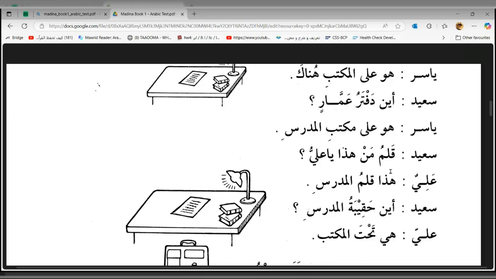So idafa is the process of saying something belongs to someone else. And of course, there are two parts to that: the owner and the owned. But the whole structure is al-idafa. So, قلم من هذا يا علي? Whose pen is this? And then Ali says, هذا قلم المدرس. This is the teacher's pen.